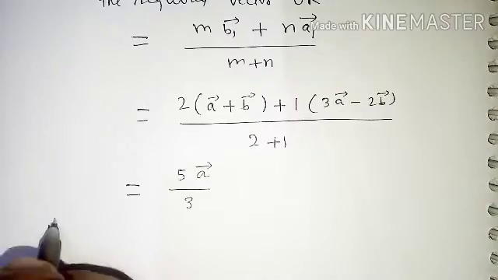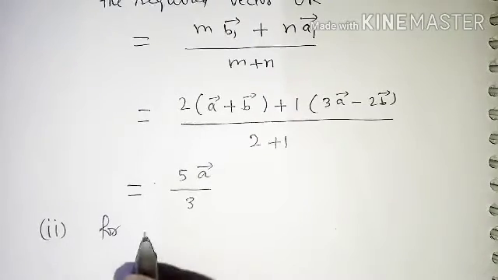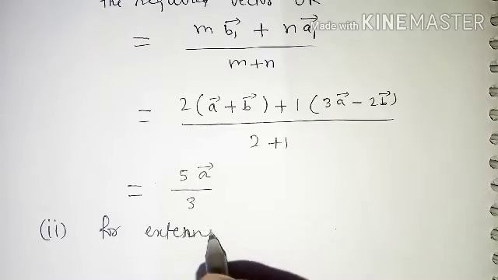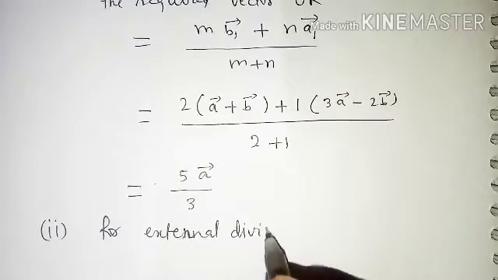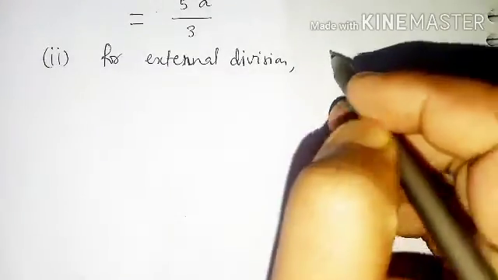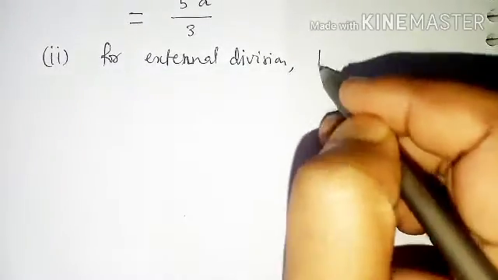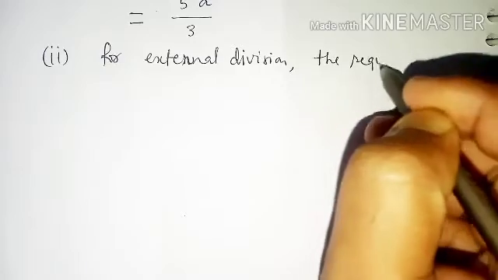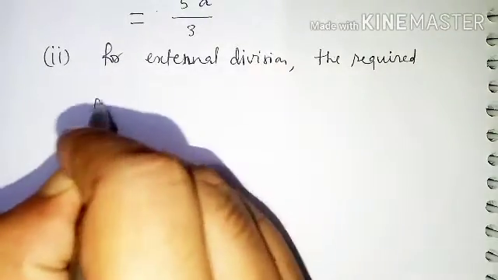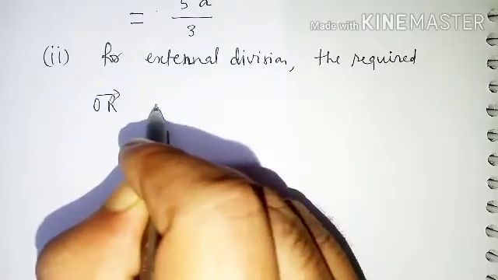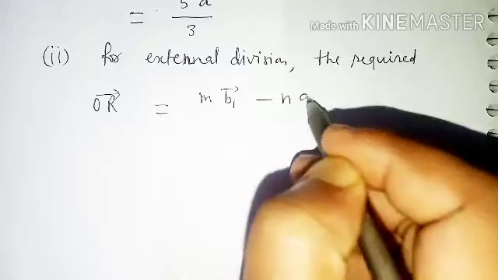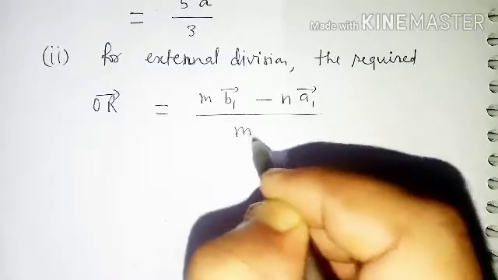Second, for external division, the required vector OR is equal to m vector b1 minus n vector a1 by m minus n.